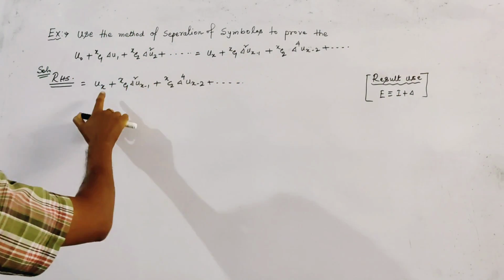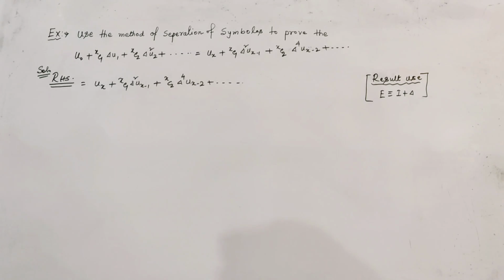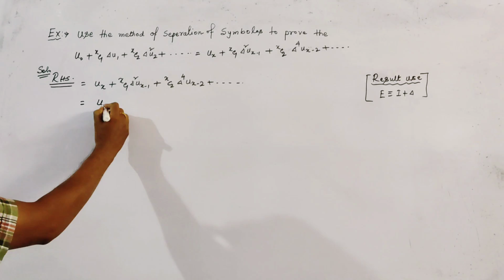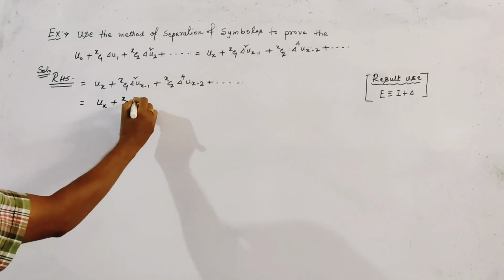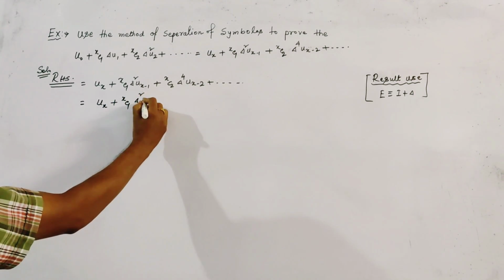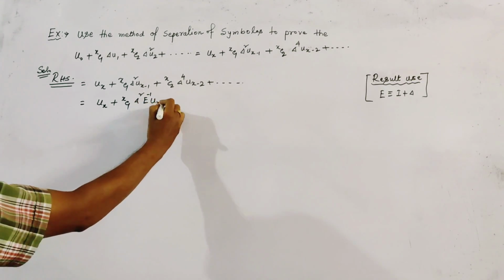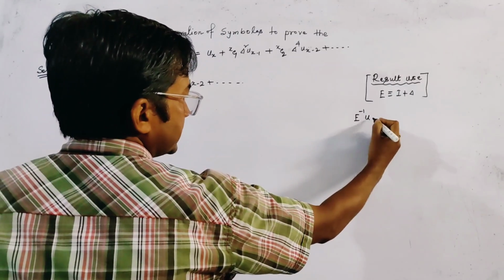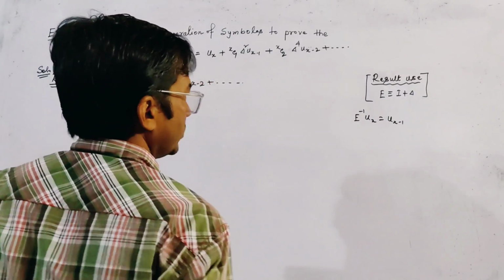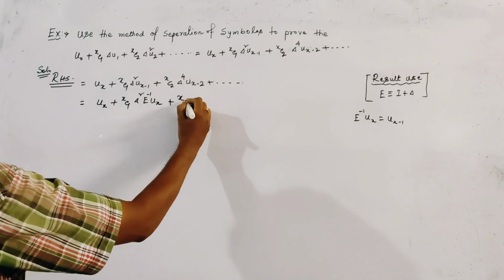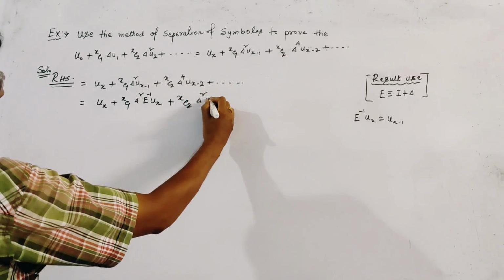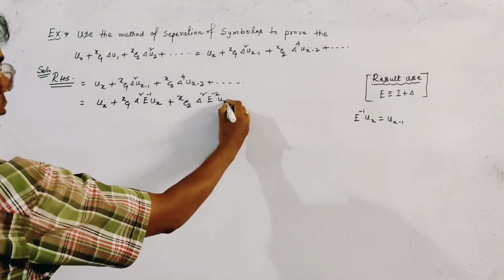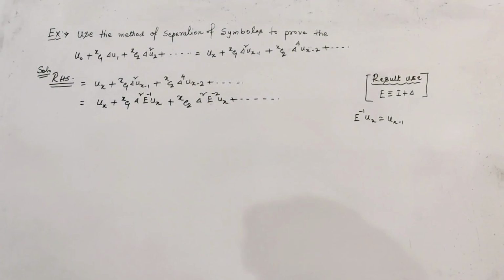We write the right side of this expression as ux plus xC1 Δ² E^(-1) ux, because we know the property of the shift operator, this is u(x-1). Similarly, we write the second term as Δ² E^(-2) ux, and so on.